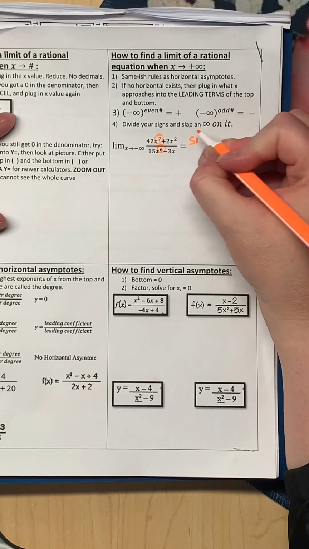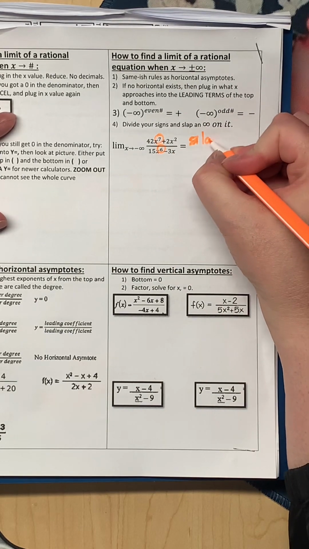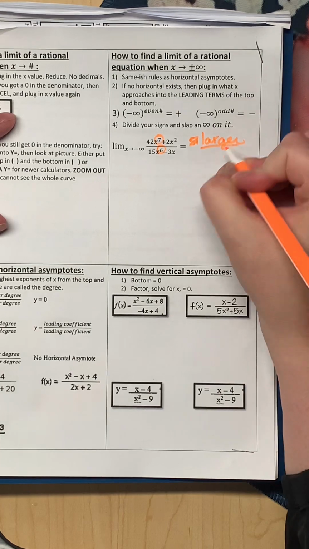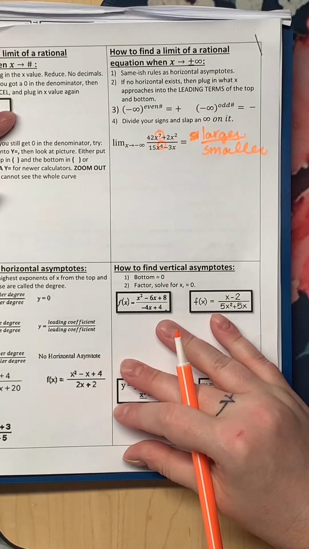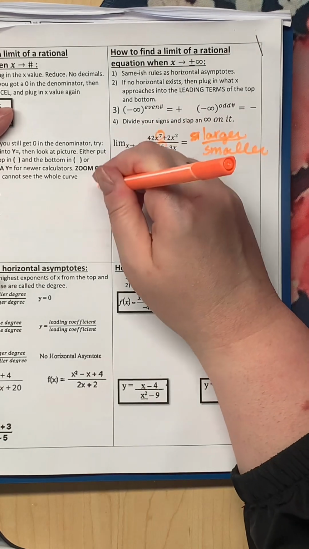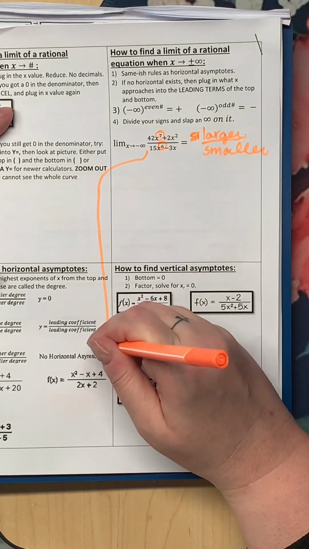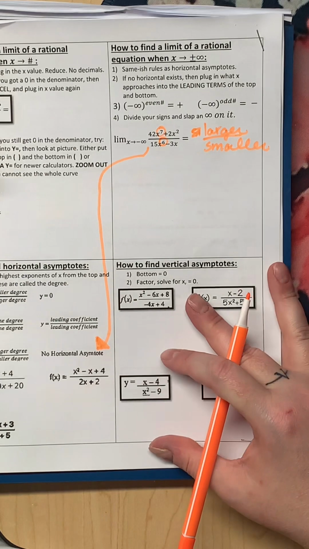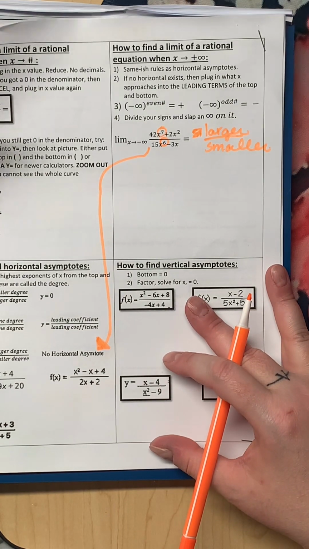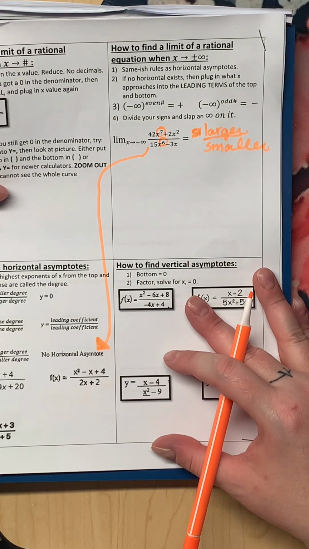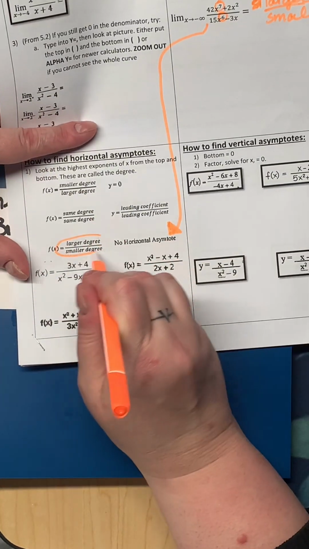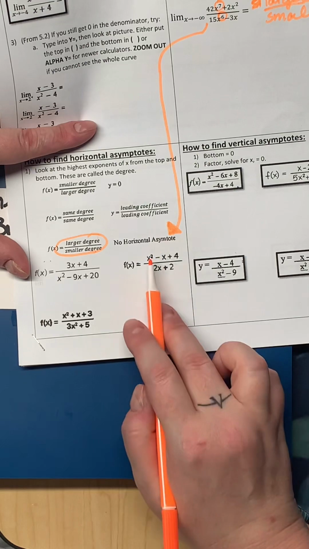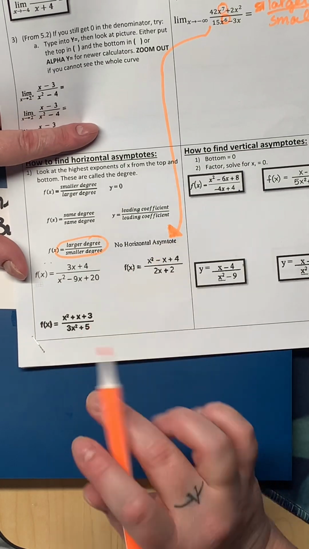That means the top is larger than the bottom, and the smaller exponent is on bottom. So that's when we have to ask ourselves, do we have a y equals 0 asymptote, or do we have a number, or is there none? For us, since we have a larger exponent on top than on the bottom, there's no horizontal asymptote.